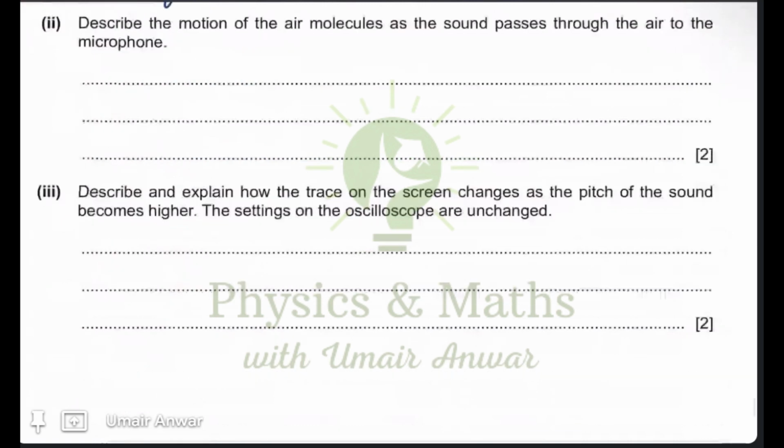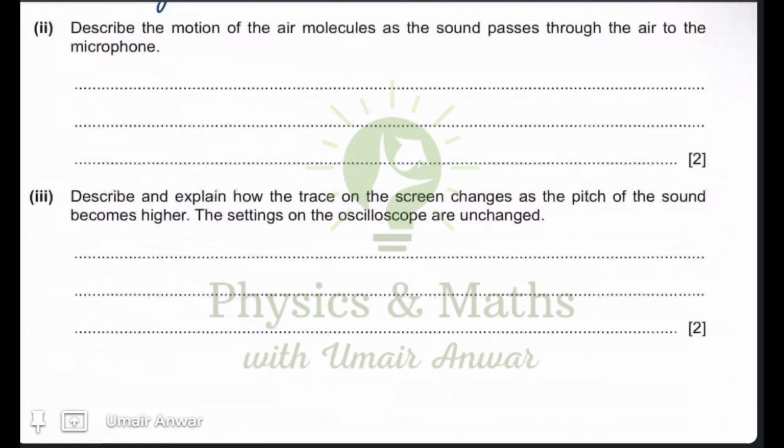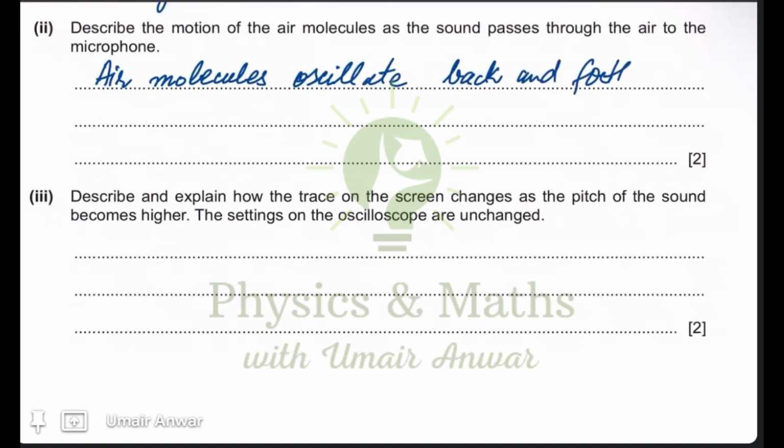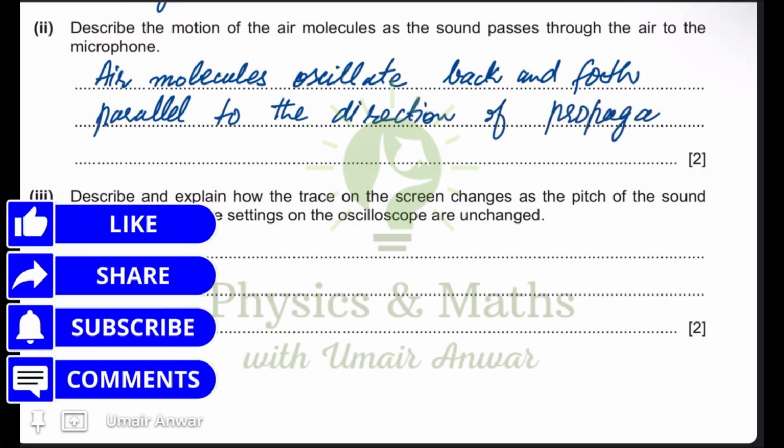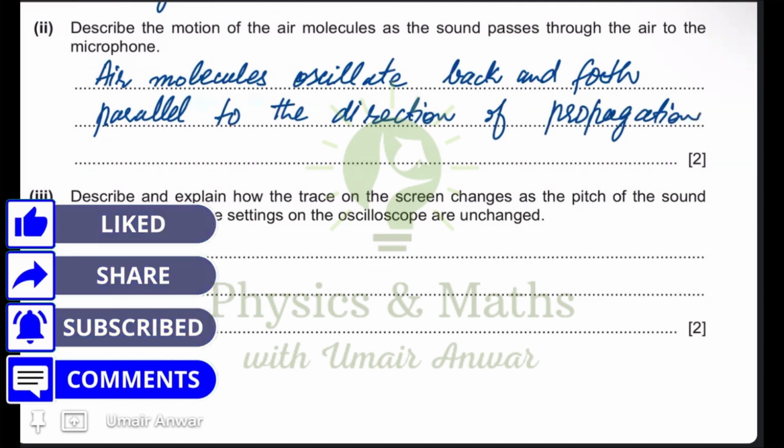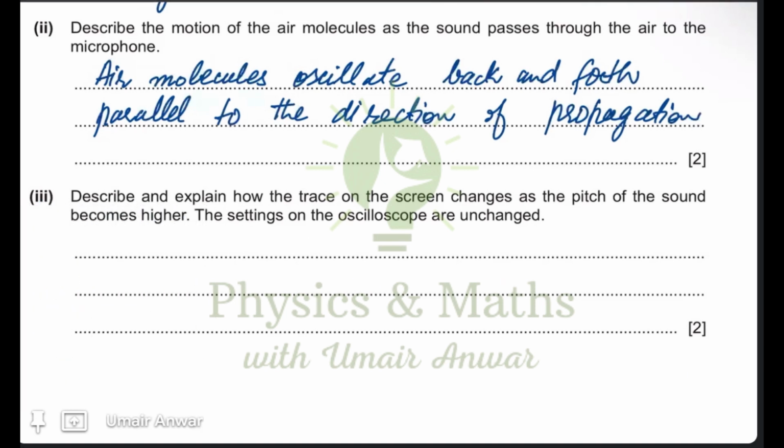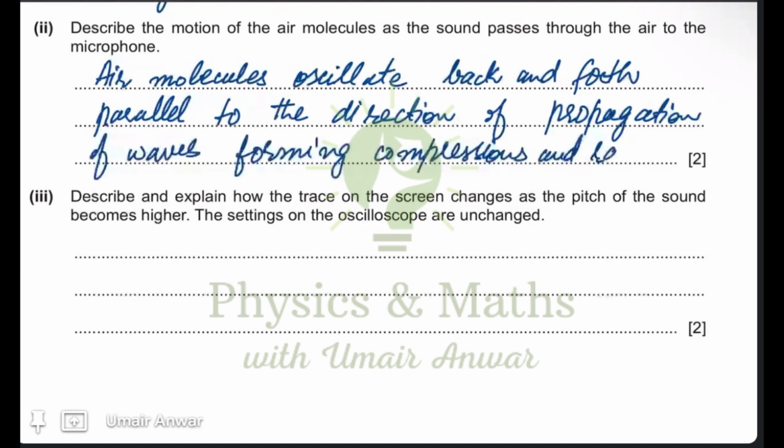Describe the motion of the air molecules as the sound passes through the air to the microphone. Air molecules oscillate or vibrate back and forth parallel to the direction of propagation of waves, forming compressions and rarefactions.